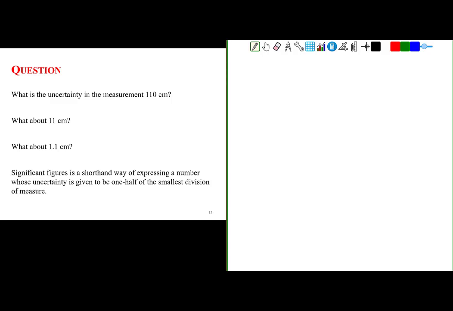And because of that, each of these values has uncertainty built into it. However, this doesn't follow the format of x equals our best estimate for the value plus or minus the uncertainty. Rather, here we're just given a single number.